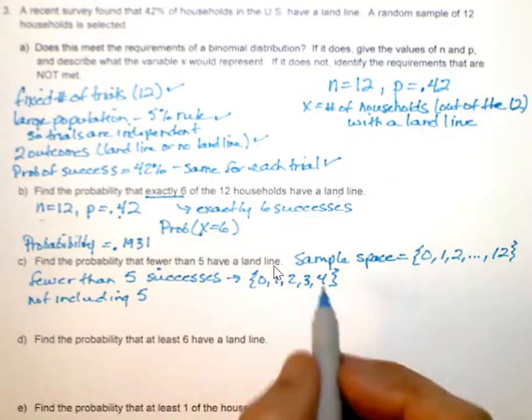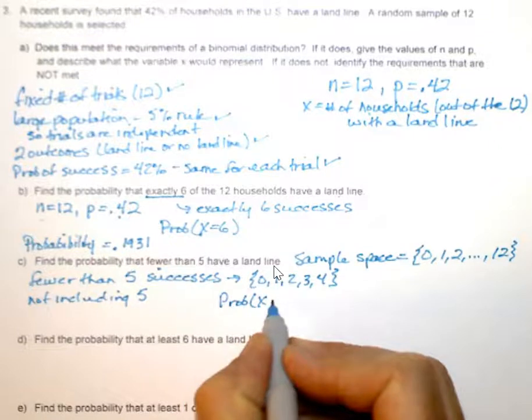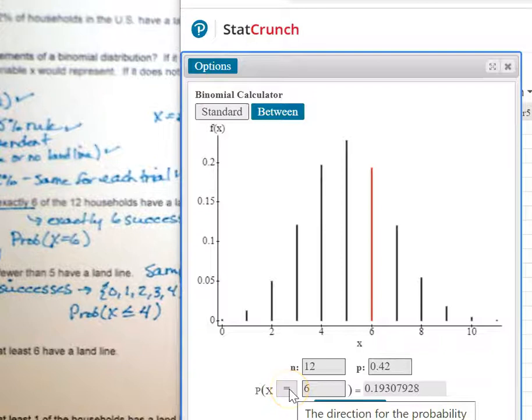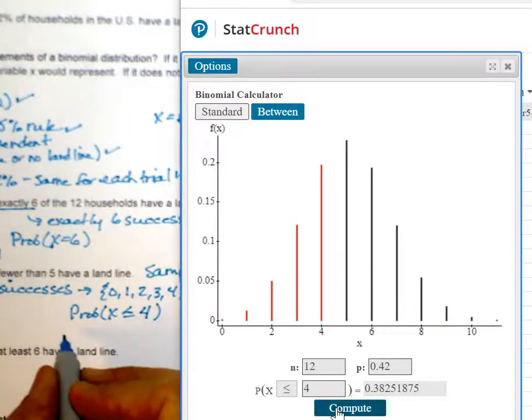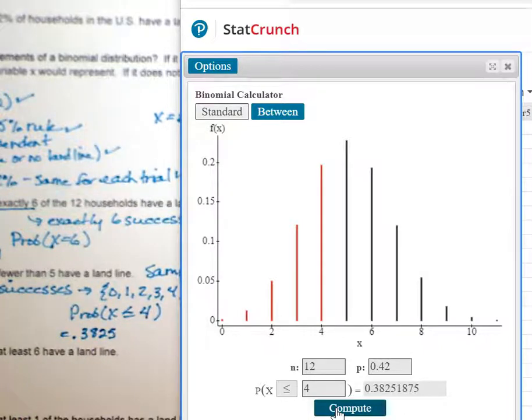Another way to say that would be that we want the probability that x is less than or equal to 4. Back to StatCrunch with our binomial calculator, I'm going to change my inequality to a less than or equal to, and I'm going to change my number to a 4. And there's my probability, rounded to 4 decimal places.